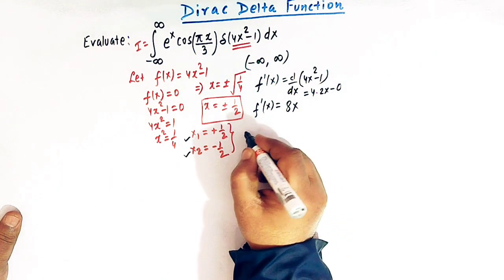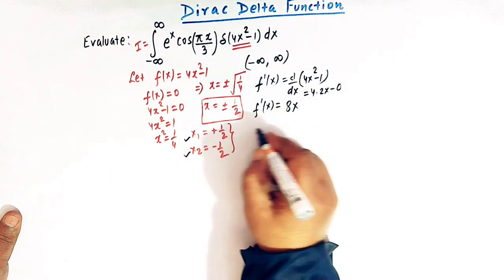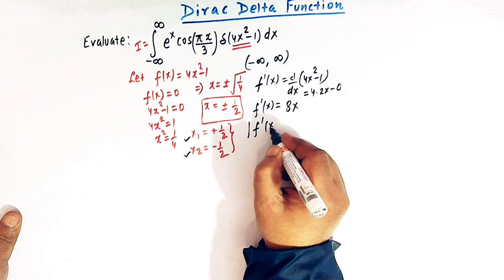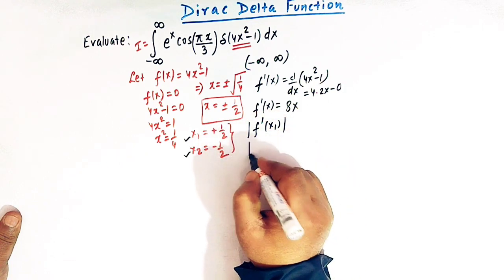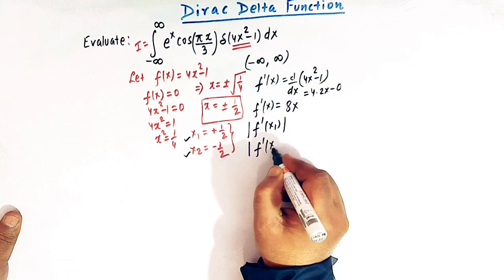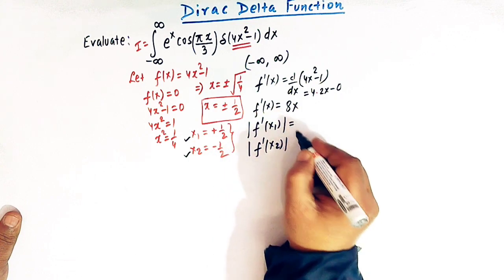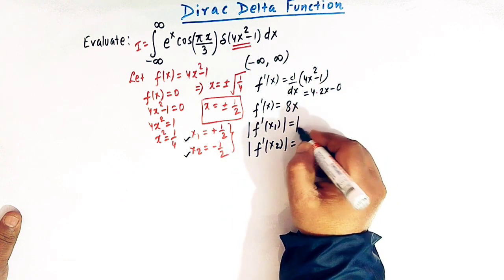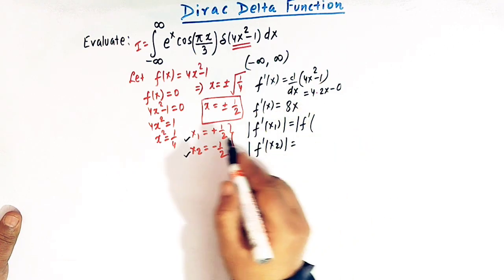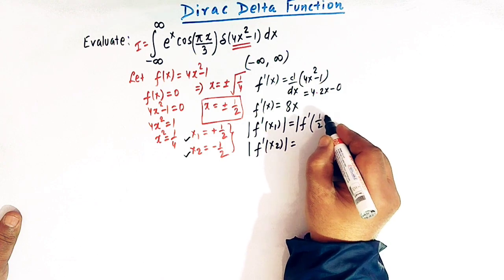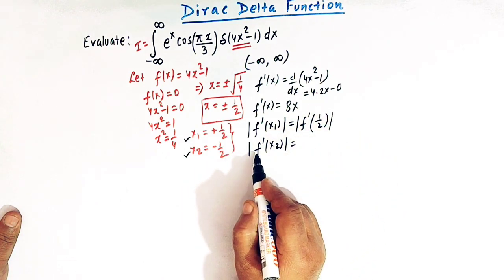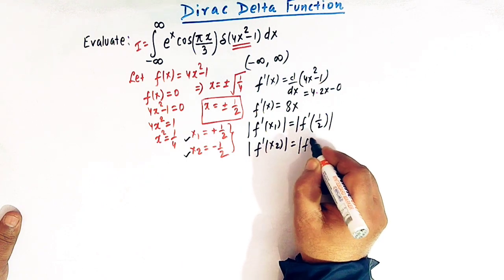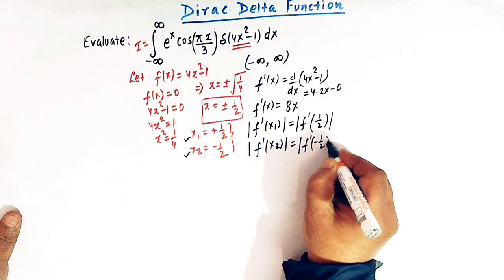Now the next step is to get the value of mod of f prime of x1 and mod of f prime of x2. So mod of f prime of x1 is mod of f prime of half, that is the first root, and mod of f prime of x2 is mod of f prime of minus half.